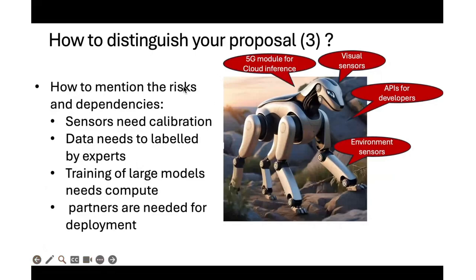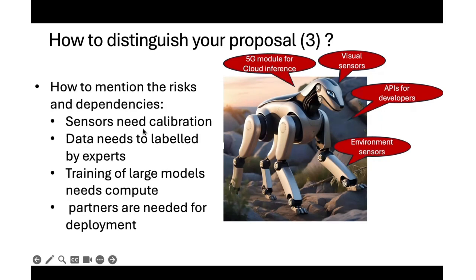For example, I took this one as an example where there is some noise in the line. And this robot has several sensors, potentially visual sensors, environment sensors, communication modules, and APIs for development by developers.